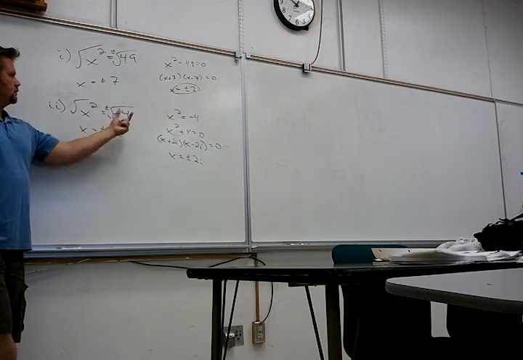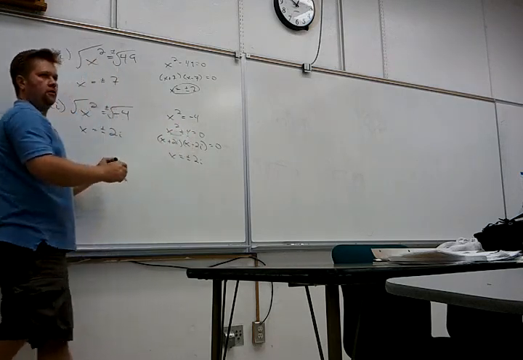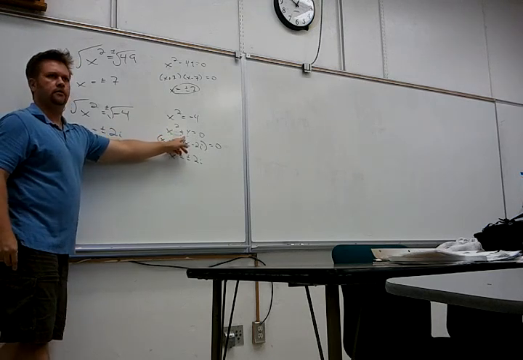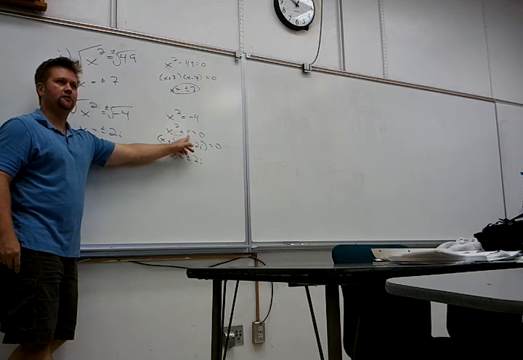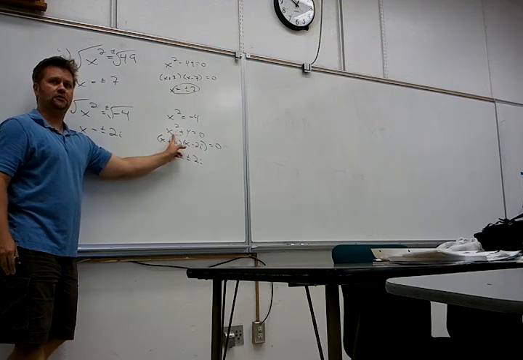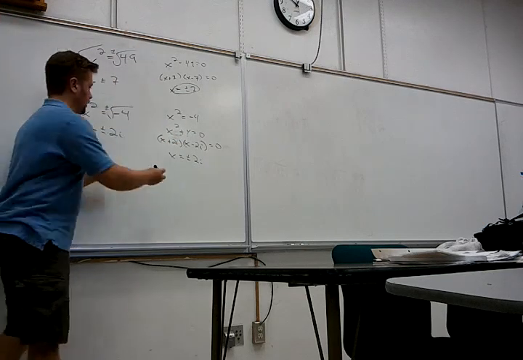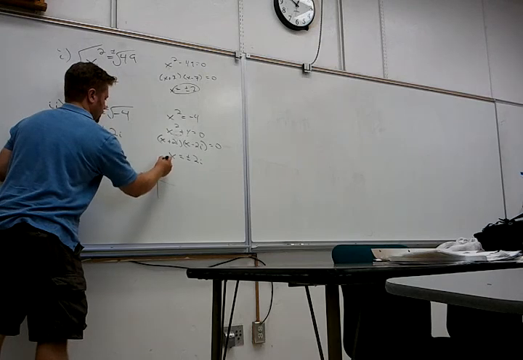Cool. What does that mean about this? If you graph this parabola, who can tell me what that parabola would look like? What's the y-intercept of that parabola? The y-intercept is 4, right? You always find the y-intercept by setting x equal to 0. And it would open up. So would it ever hit the x-axis? No. It starts there and it goes up.